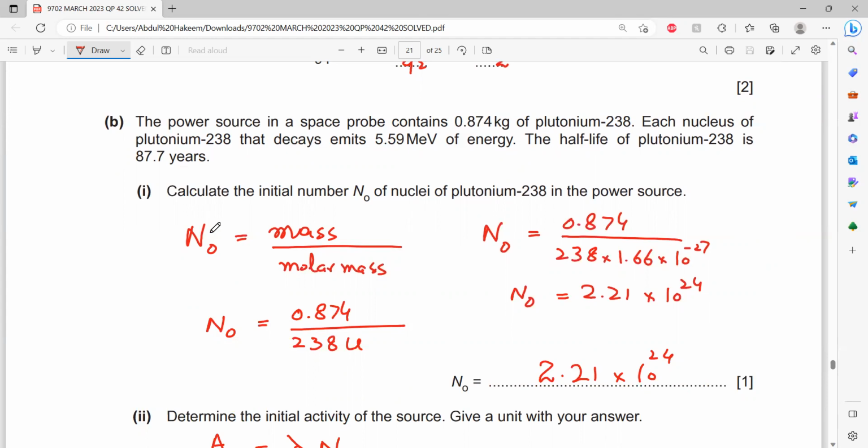Number is equal to the mass in kg divided by the molar mass. The mass in kg is given, 0.874, and the molar mass is 238 u. And the value of u is 1.66 times 10 to the power minus 27. So after calculation, you will get N naught as 2.21 times 10 to the power 24. This is the initial number of plutonium.